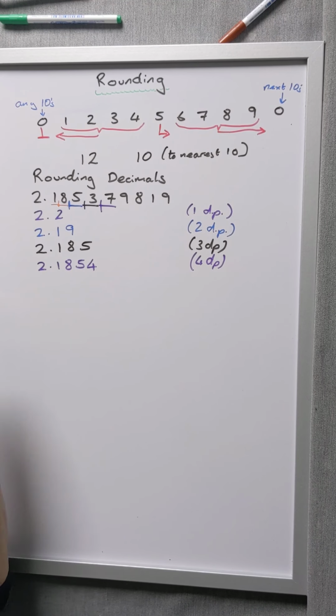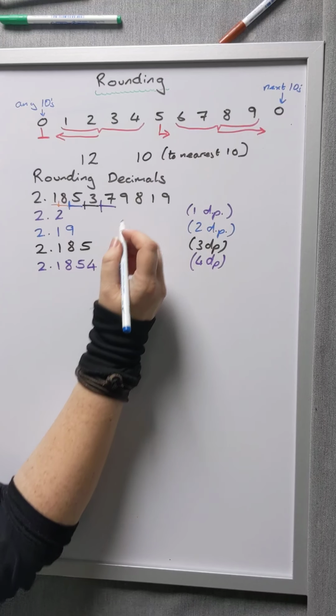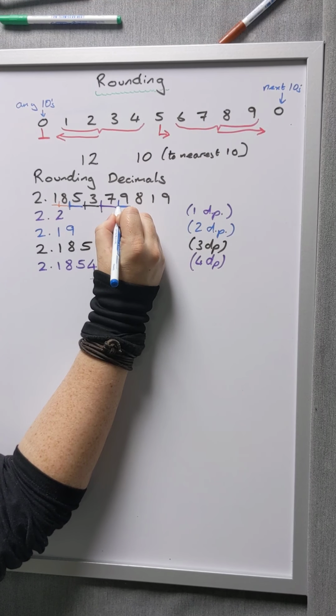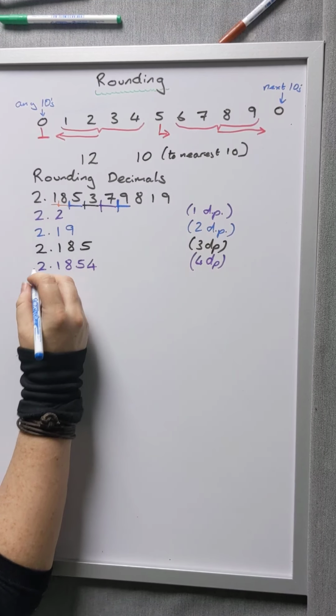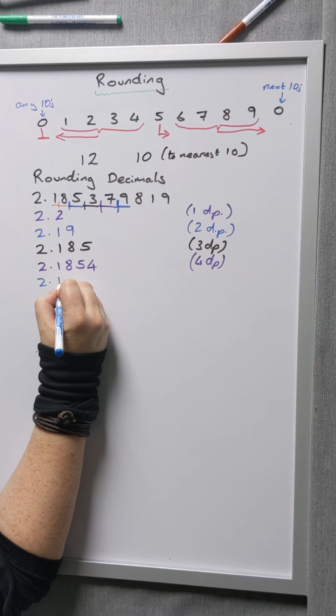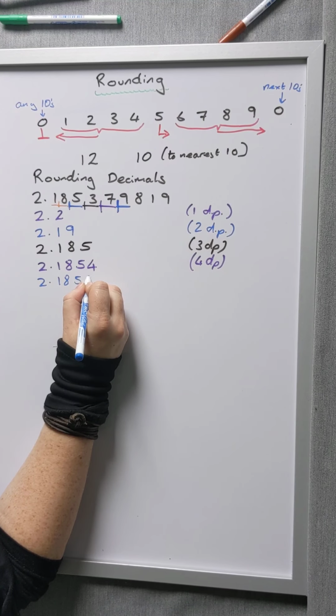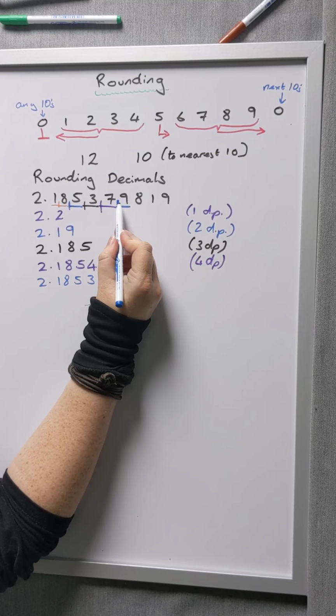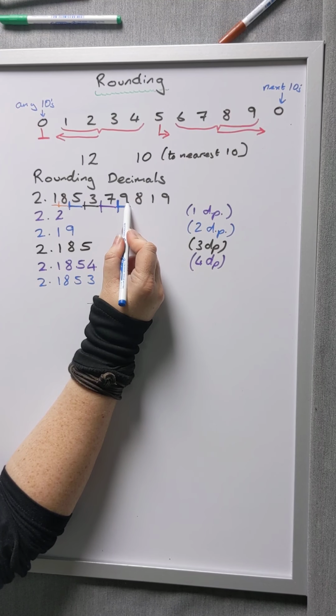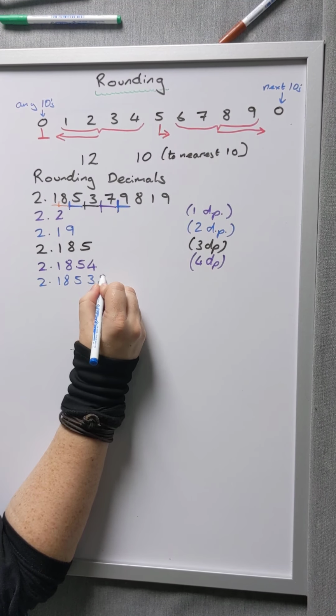We shall continue like that. So on our next one, we're looking here. We've got 2.1853, and the 7 is rounded up by that 9 to an 8.